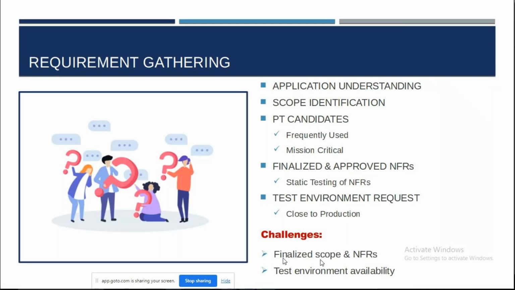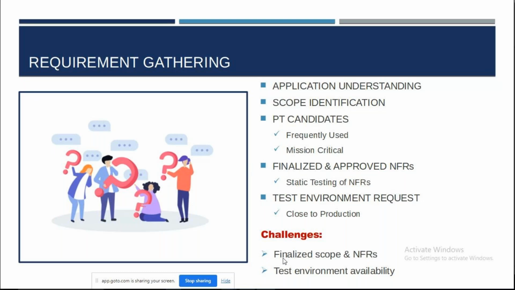Once you get the NFRs, it is again a challenge to get them approved. But it is your responsibility, it is your duty to follow up with the stakeholders and take the approval on the NFRs. Because if the NFRs are not approved and tomorrow they change the NFRs, whatever efforts you would have given for the initial version of the NFRs will get wasted.